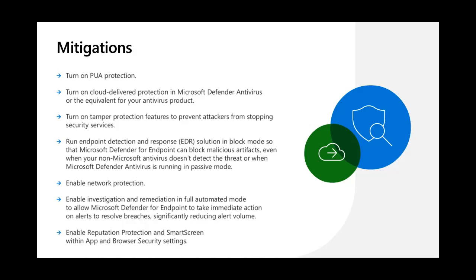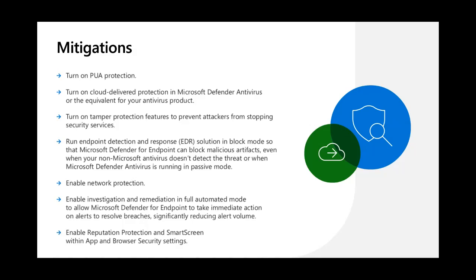Additionally, if you are using Microsoft Defender antivirus or an equivalent, please turn on cloud delivered protection so that you can receive real-time updates about changes in detection status for malware as we make changes internally. Tamper protection will also help prevent Defender and other services from stopping, which is a very common tactic here.